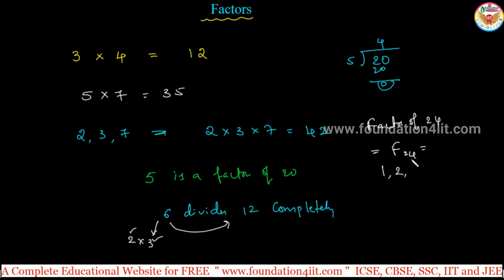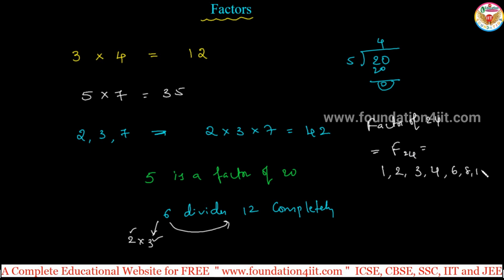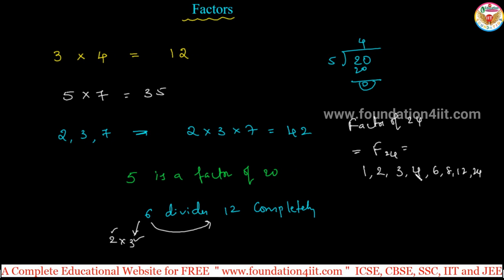Again 2: in the 2 table there is 24, because 24 divided by 2 gives remainder 0. 3 also divides 24 completely. Again 4, 6, 8, 12 and 24 itself. So the factors of 24 are 1, 2, 3, 4, 6, 8, 12, 24.